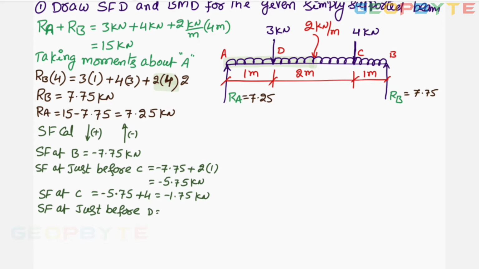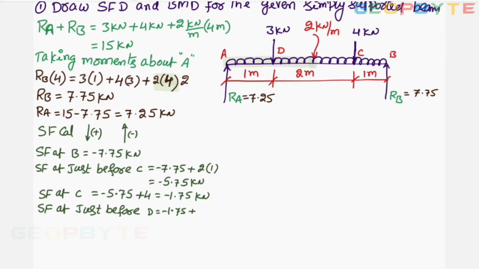Similarly, shear force at just before D, because at D two effects are there, one UDL effect and one point load effect. While we are calculating for just before D, consider only the effect of UDL. Now minus 1.75, already the load is there before at C, plus you have to consider the UDL between C and D only.